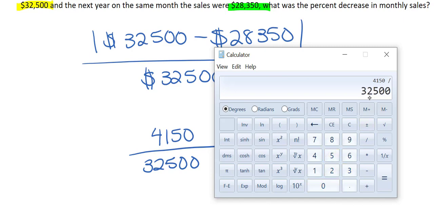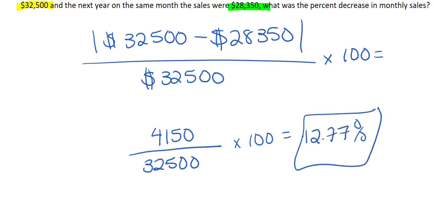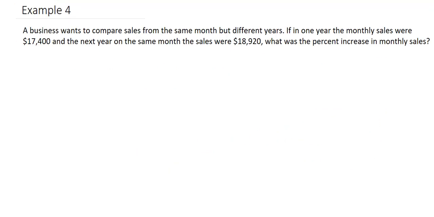So 32,500. We divide by that, then we multiply by 100. And what do we get? Well, we get 12.77. And this would be in percent, so that's the percent decrease in sales when you do a comparison of the 2 months. Let's go ahead and look at example 4.